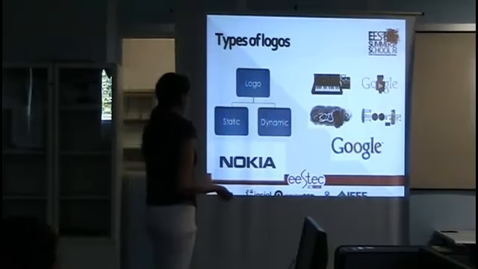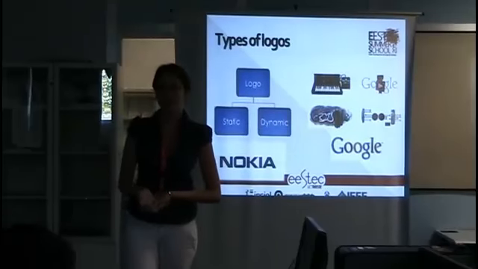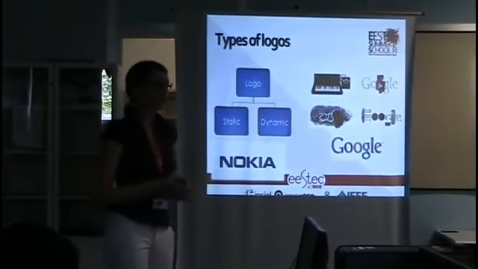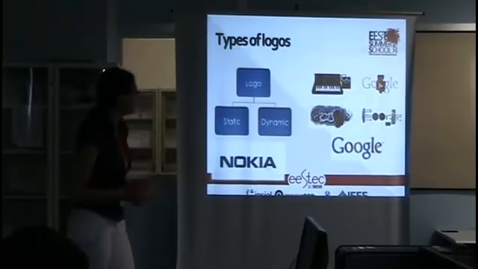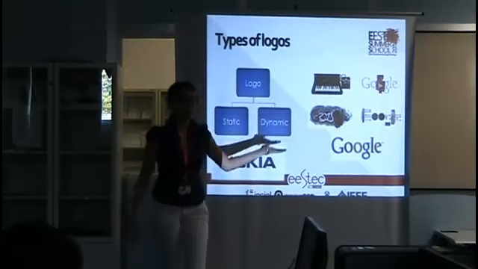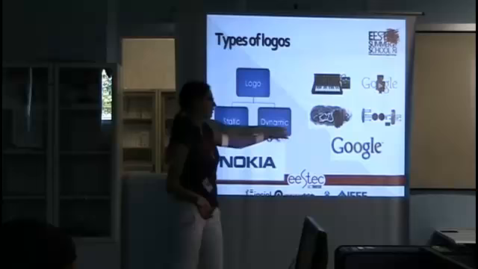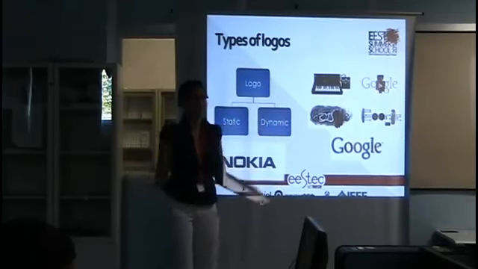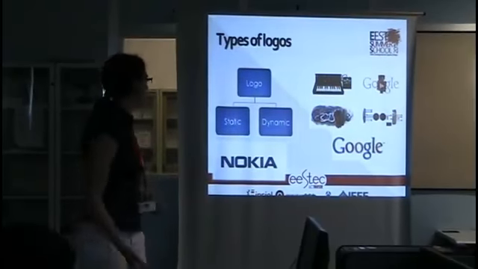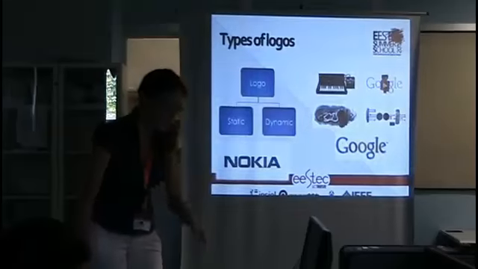And the static logos are most common because if you make a dynamic logo, you have to be really, really known, really familiar, so people are going to recognize you when they see this picture, for example, and they're going to say, hey, it's Google. But if you're not famous and you make something like this, you change your logo, nobody's going to notice because they don't know about you. So, for starters, the static logo is the best practice.